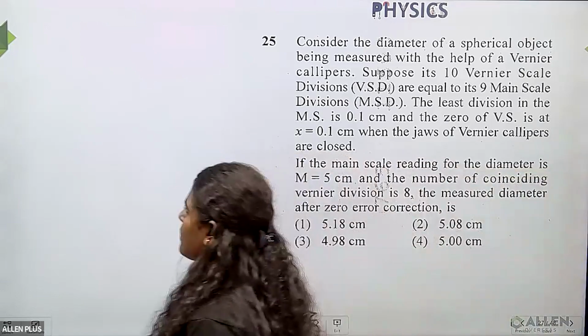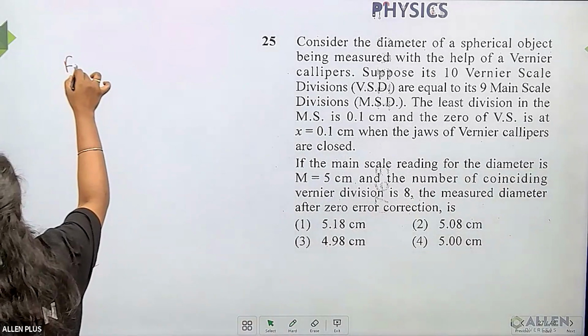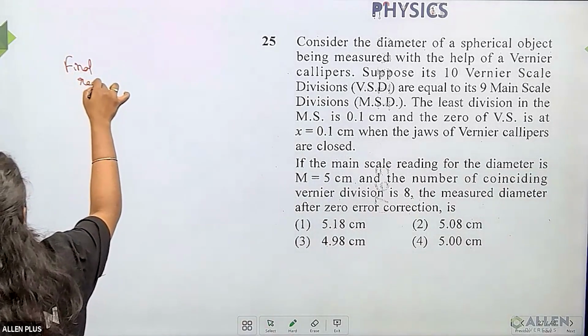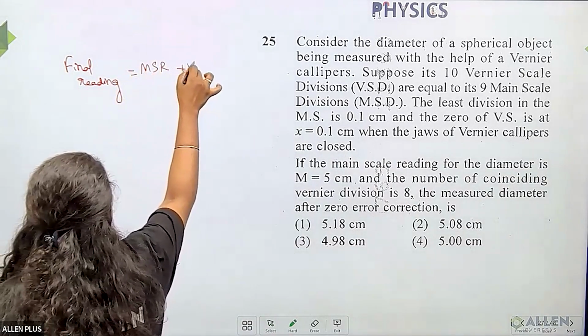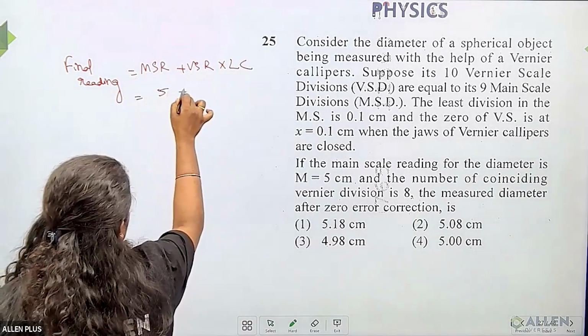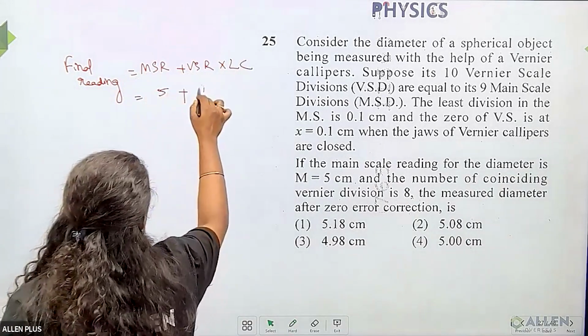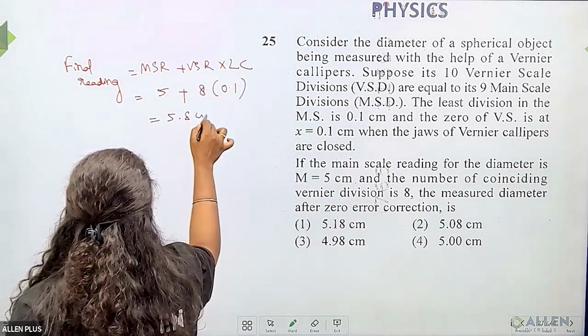Final reading is equal to MSR plus VSR into least count. MSR value is 5 plus VSR value is 8 into 0.1, 5.8 centimeter.